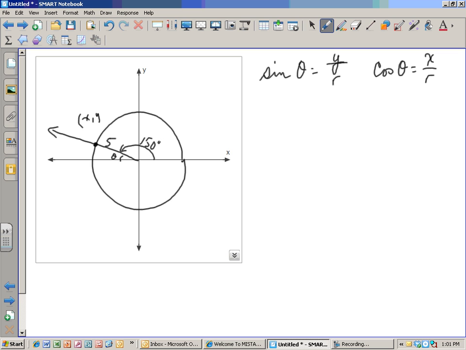I'm looking for the point x and y. And let's use a reference angle so that the sine of 30 degrees, the reference angle, is equal to the y over the r, which is given as 5. So how do I find the y? Multiply both sides by 5. 5 times sine of 30. That's your y value.